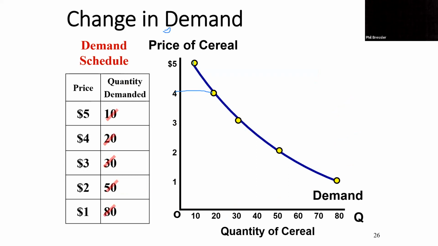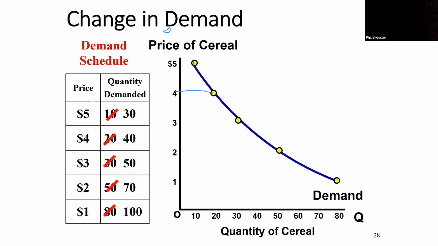All right, if demand goes up, notice at every price, people are demanding more, right? When the price went from 5 to 4, only at $4 was quantity demanded different. But here at every price.